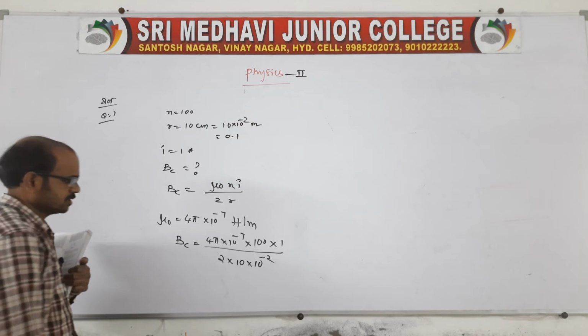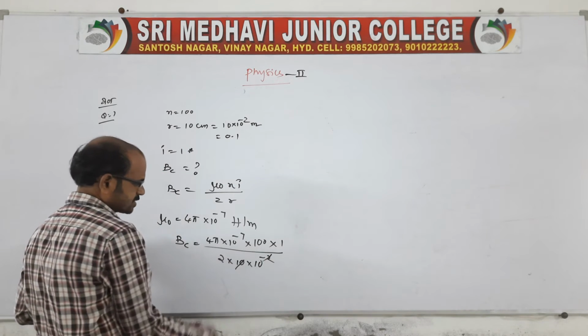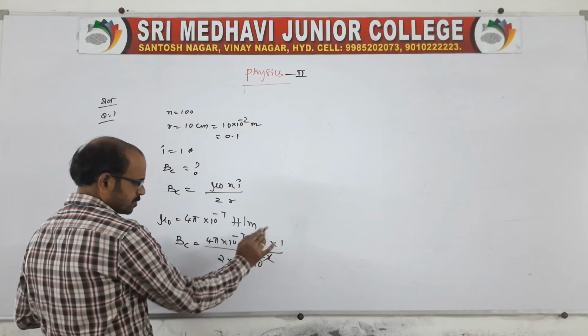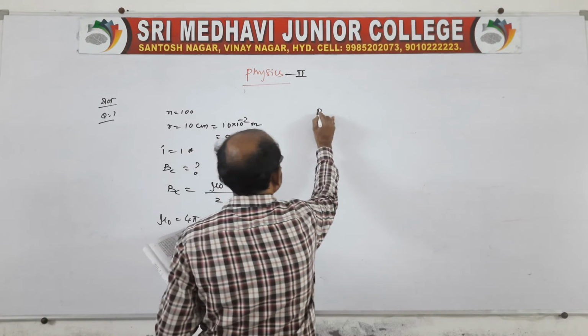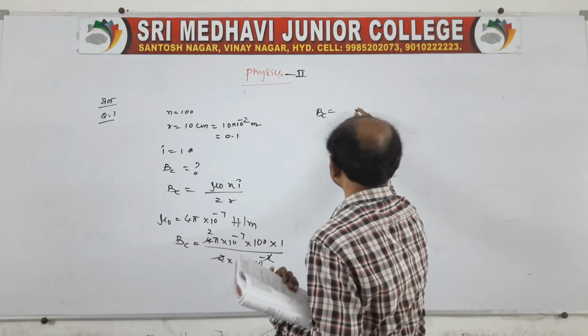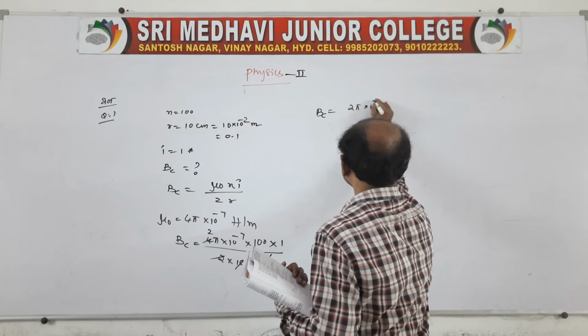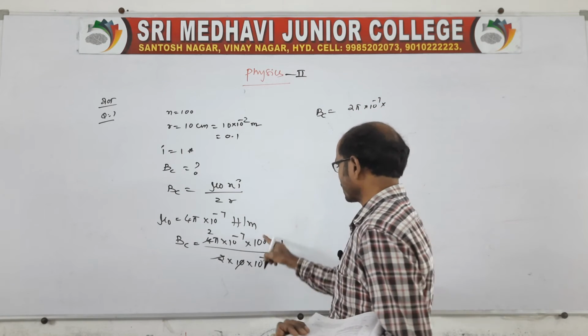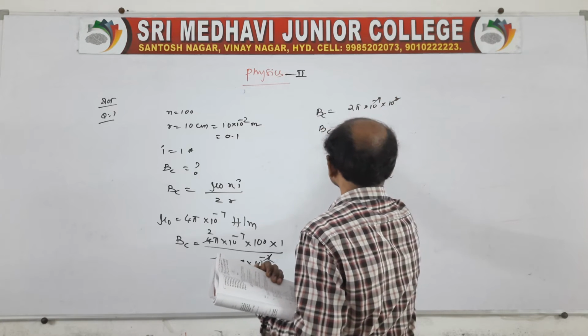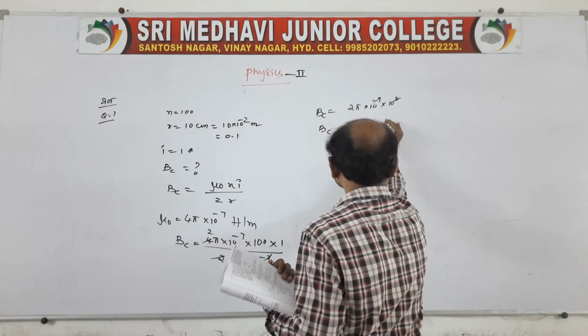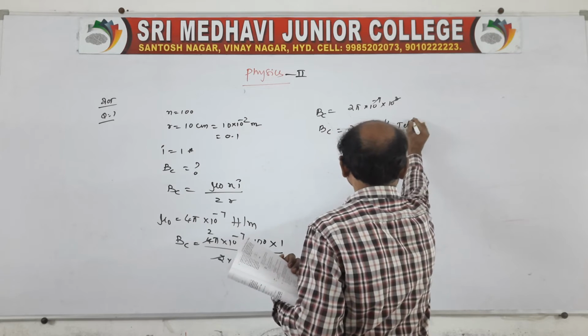So here we can say the 0 is cancelled, and 2 ones, 2 twos. B at the center is equal to, remaining is 2 pi into 10 power minus 7 into 10 power 3. So better you cancel. B is equal to 2 pi into 10 power minus 4 Tesla.